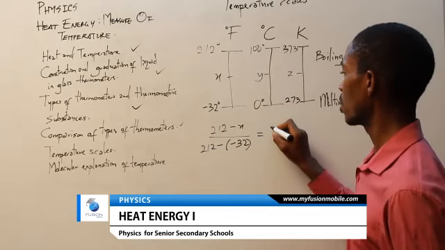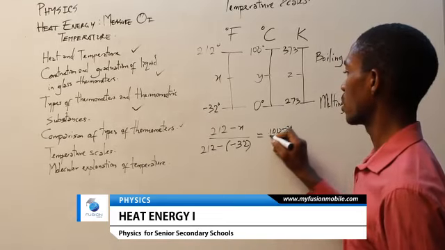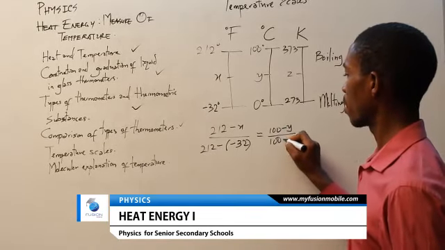That's 100 minus Y divided by 100 minus 0.